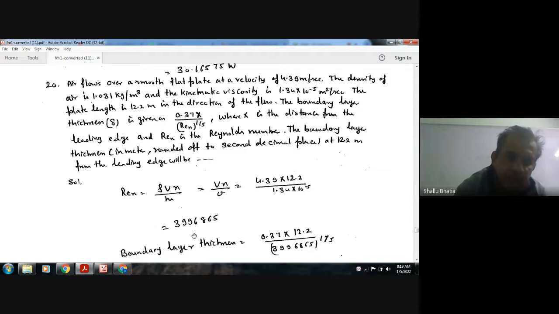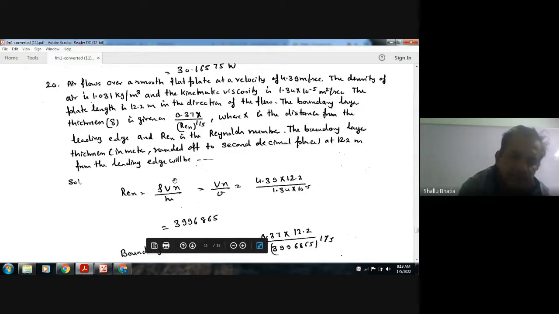The boundary layer thickness is given as 0.37x divided by Rex to the power 1 by 5, where x is the distance from the leading edge and Rex is the Reynolds number. Find the boundary layer thickness in meter, rounded off to second decimal place, at 12.2 meter from the leading edge.